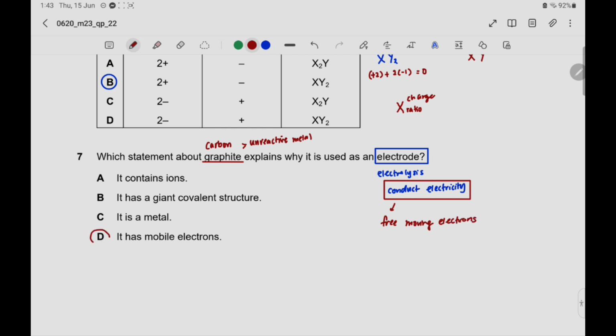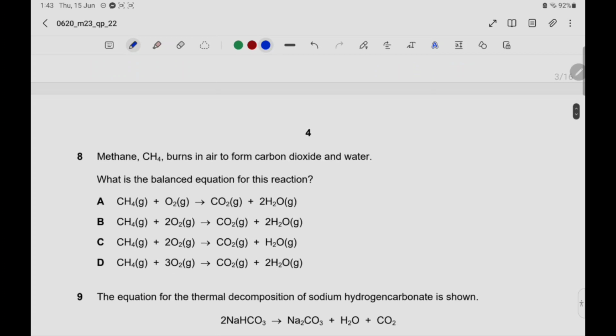So answer is D. Mobile means free moving, and sometimes they will say delocalized, meaning they are all moving everywhere. So if you ask me A, B, C, is it correct or not? Yes, they are all correct. But to make sure that this answer is equal, explain well about why they want to use it as electrode, D will be the best answer because I want to conduct electricity is the main point.